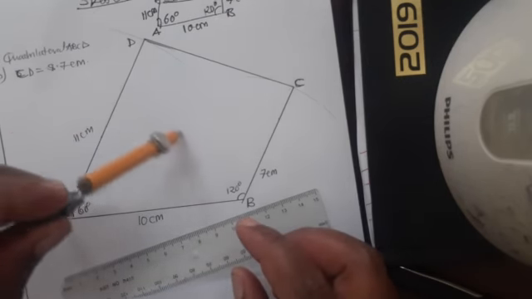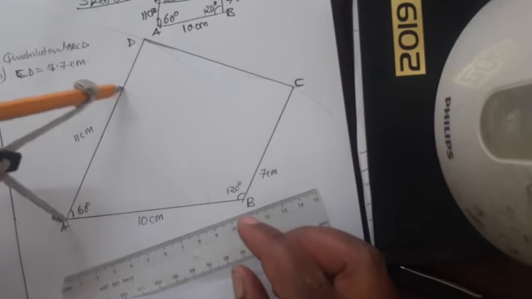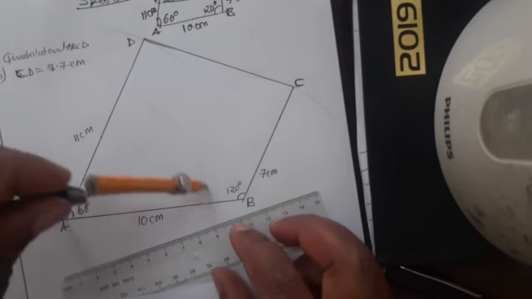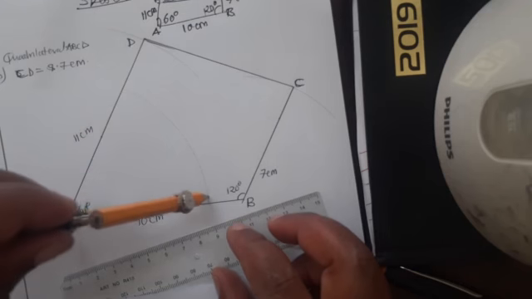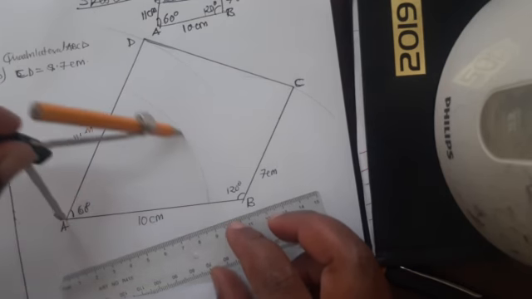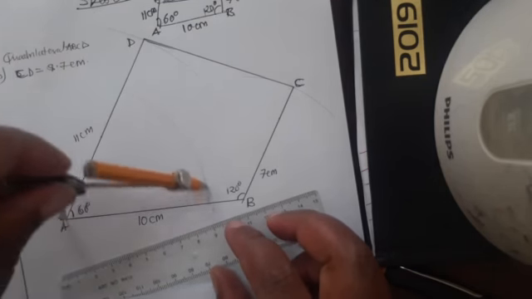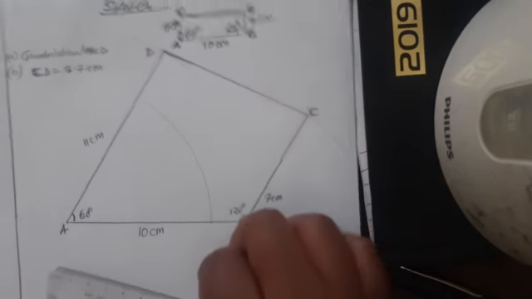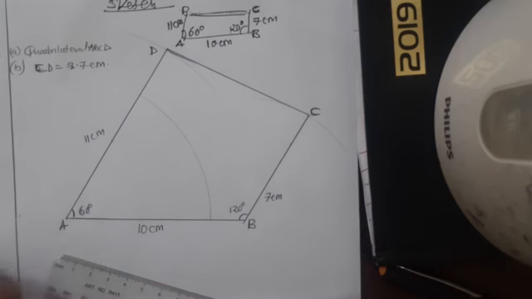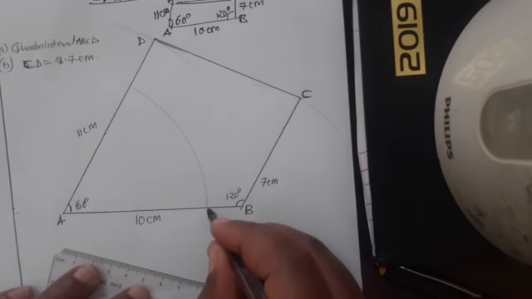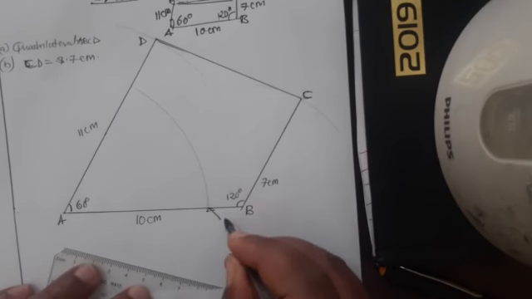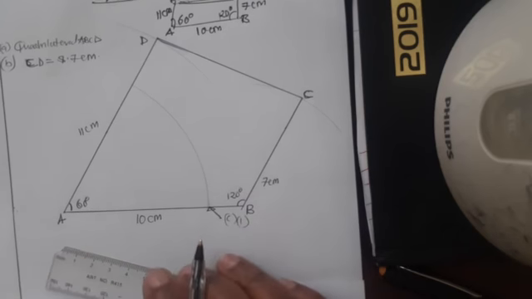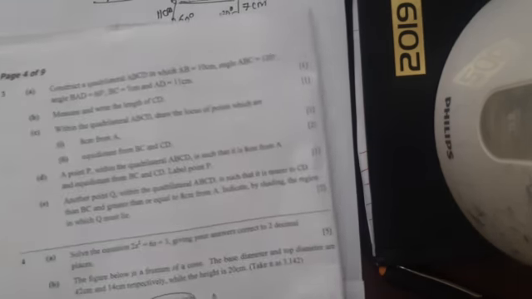Just this one is enough. I'm doing that so that you're able to see. Okay, that's our answer. Then you can name this as C1.